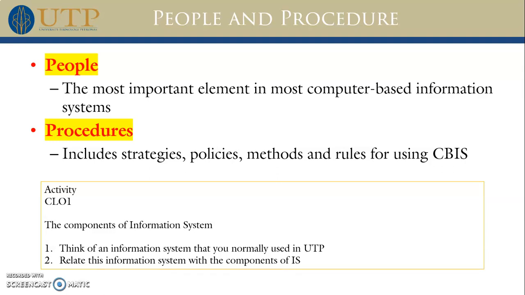The online ticketing system for ETS has a name. For example, in UTP you have UCampus, which is a name for that information system, just to give it some branding, I suppose.